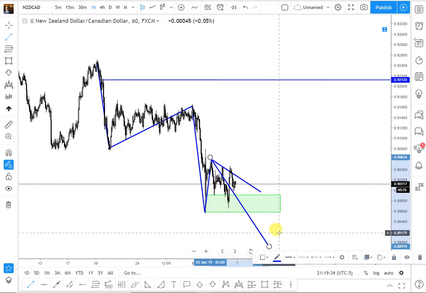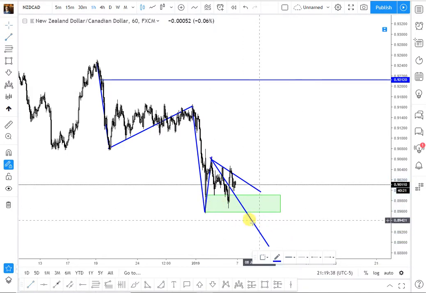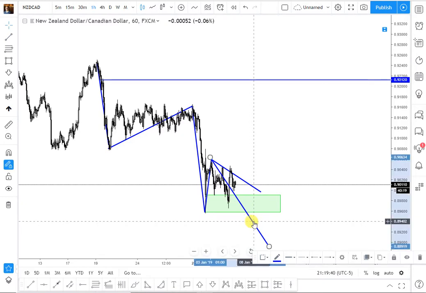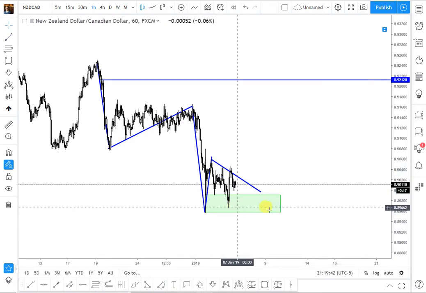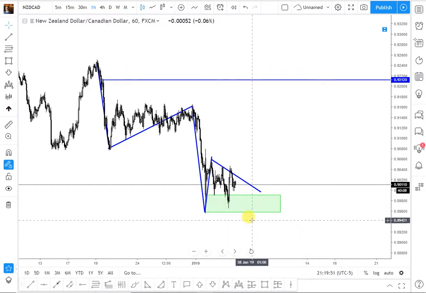So we will not enter this pair as a short until it breaks and closes below the support channel in this area.